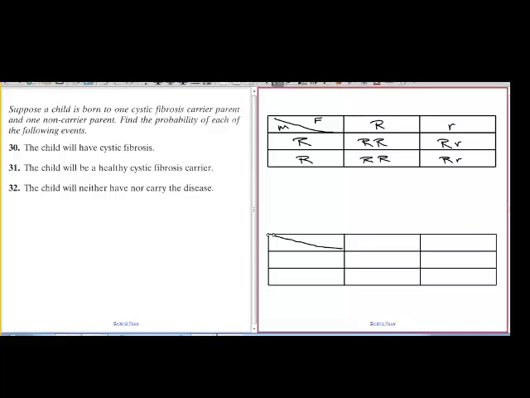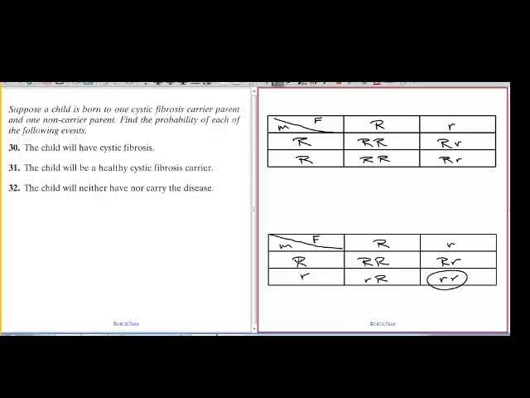So this is the case where one is recessive and one is not. If both parents have recessive genes, then it looks like this: recessive, dominant, dominant, recessive, dominant, and two recessives. And this is the one you have to worry about, where you get both recessive genes.